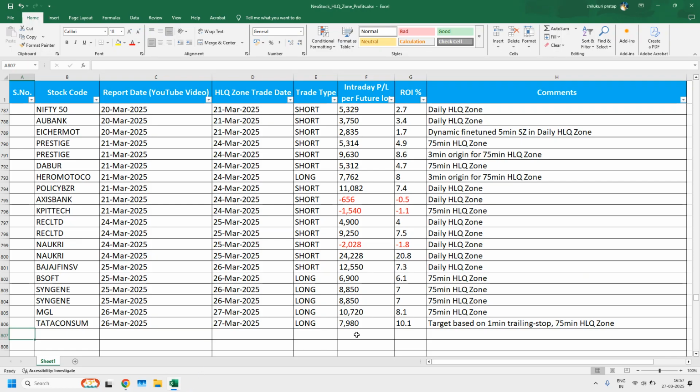Till the 1 minute trailing stop, it has given 7,980 rupees profit, which is a 10% ROA, 10.1% ROA as per one futures margin cost. If you look at this April futures, its margin cost is, I think, around 80,000.